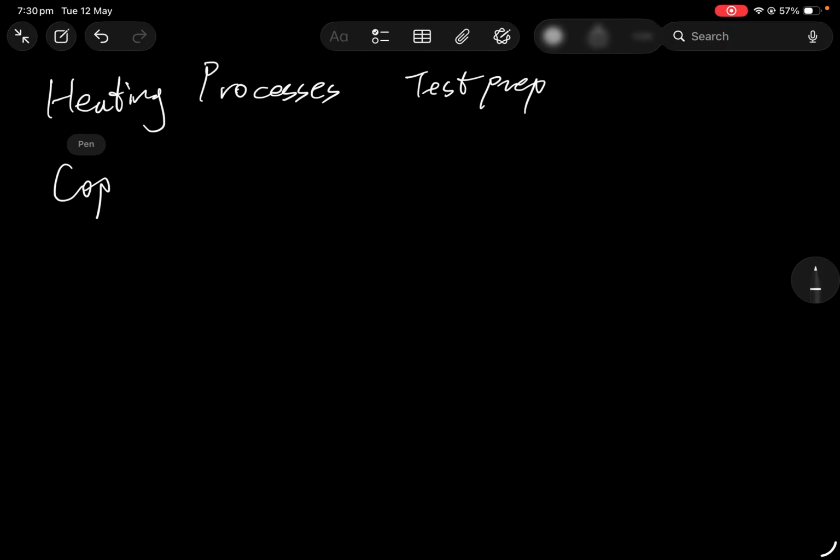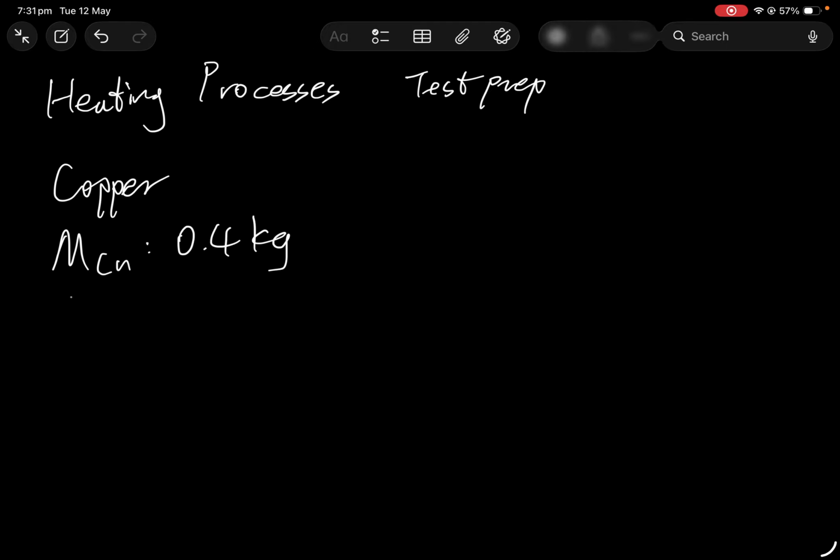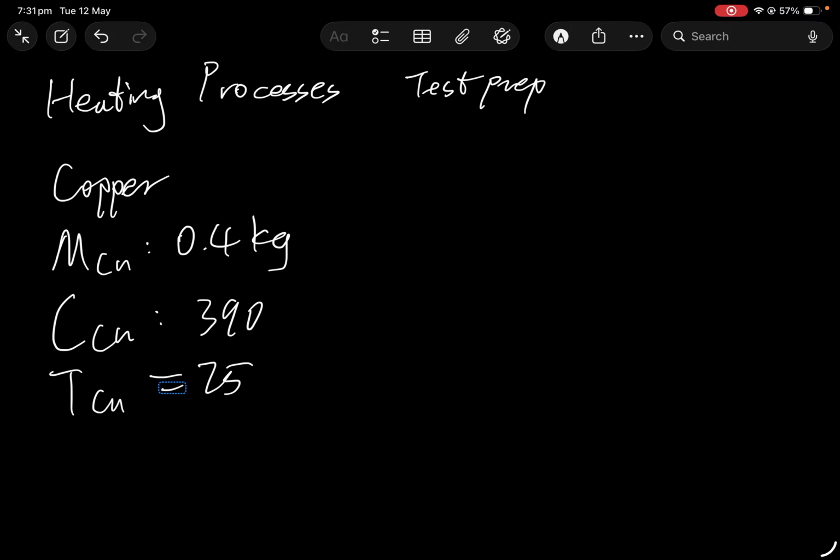The mass of copper is 0.4 kilograms, and the C of copper, which is the specific heat capacity, is 390, and the initial temperature of copper is 250.